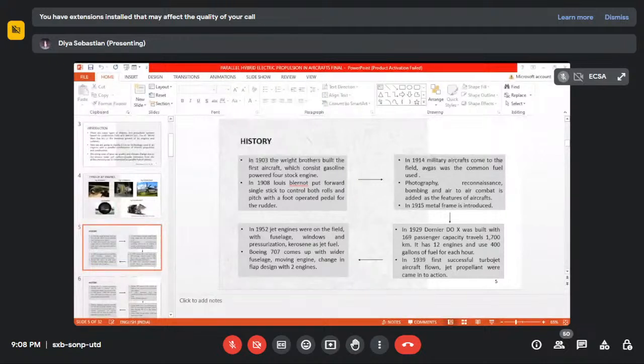These are the types of aircraft according to the connection to the electric motors. Okay. So the parallel hybrid aircraft: the propeller is directly coupled with an electric motor, and the last one is coupled to the engine. And in a fully electric aircraft, it has only one electric motor and it controls the whole aircraft.